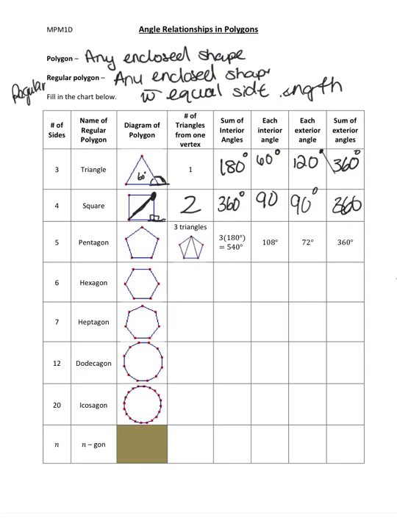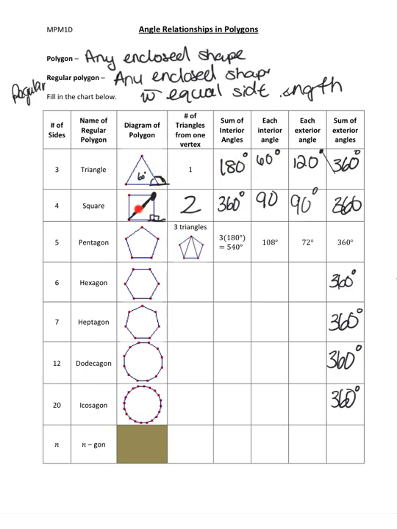And in fact, you should be seeing a pattern here, so that I can fill in 360 degrees for all of this. Notice here that when I have my triangle, the inside of one triangle is 180 degrees.